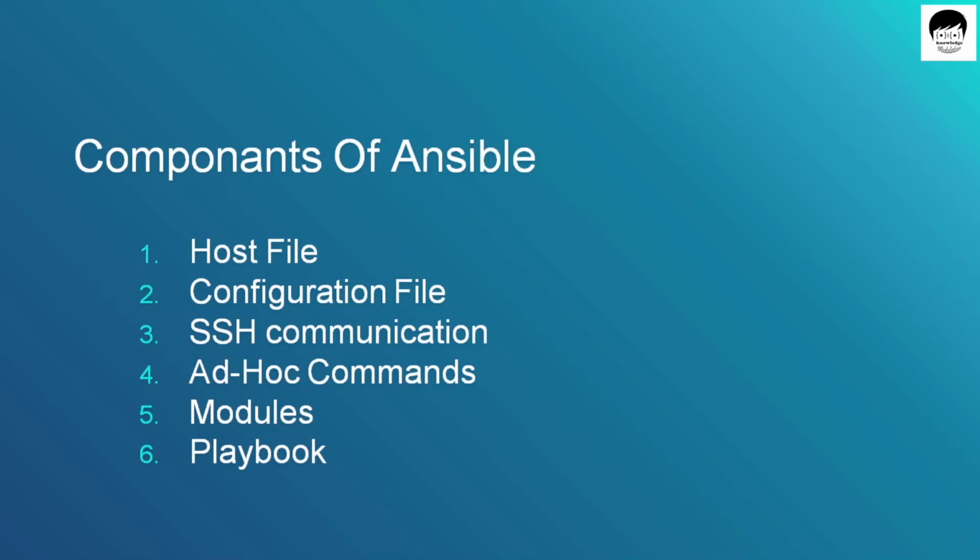Next time when we send a command to perform a task on our web servers group, we have already mentioned those servers' IP addresses in the host file. Depending upon those IP addresses, Ansible will install that particular application on those particular servers.